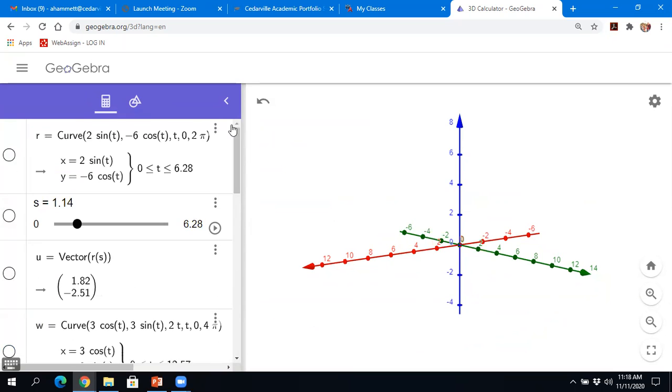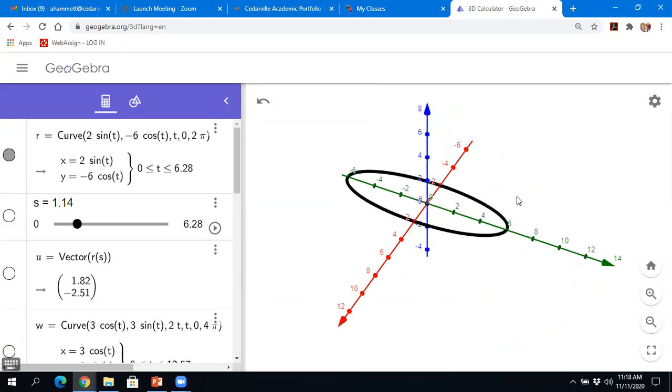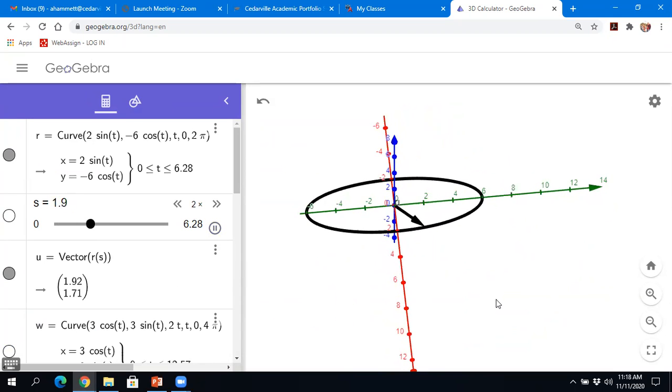So this curve right here, remember this? I can just play it. So there's this vector valued function right here, yes?